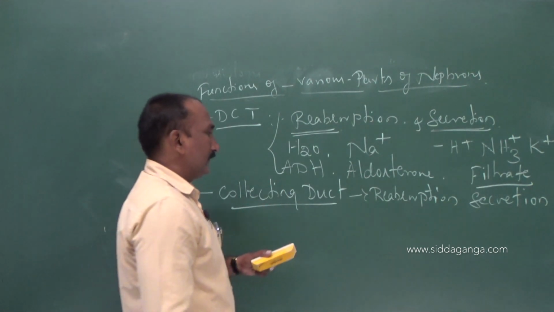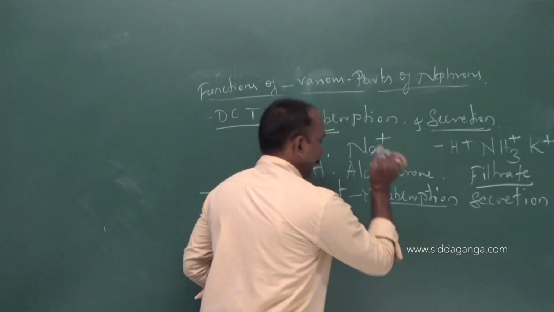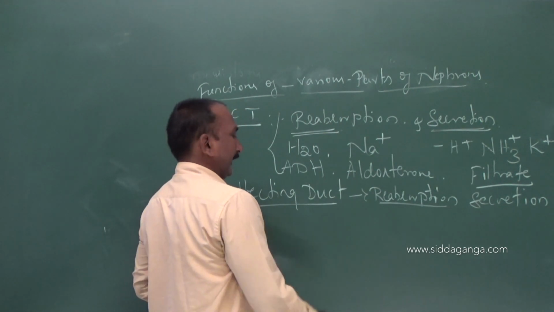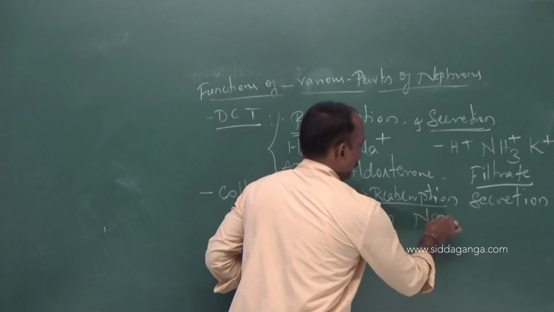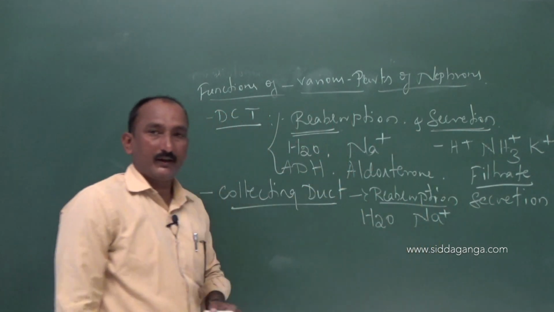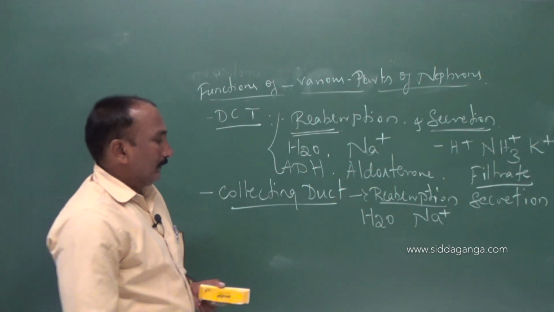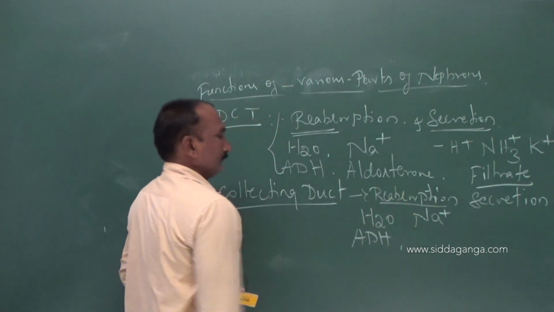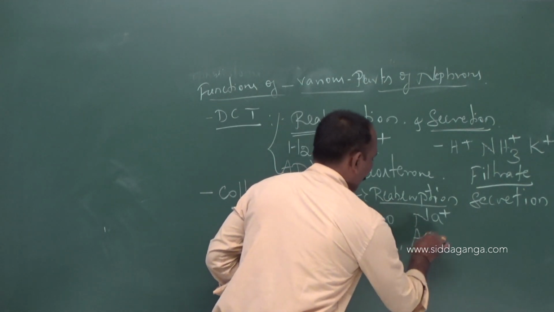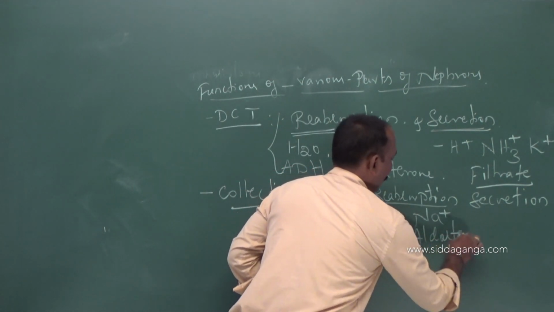What molecules are reabsorbed through the collecting duct? The same, water as well as sodium, as in the distal convoluted tubule. Water will be reabsorbed under the influence of ADH. The sodium will be reabsorbed under the influence of aldosterone.